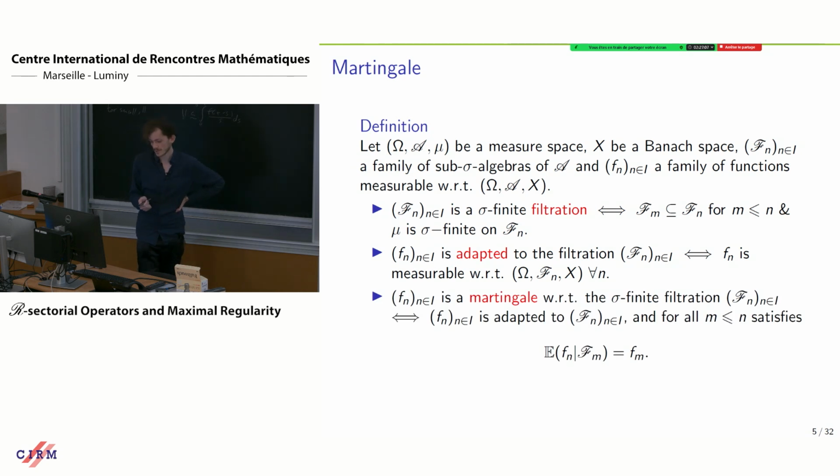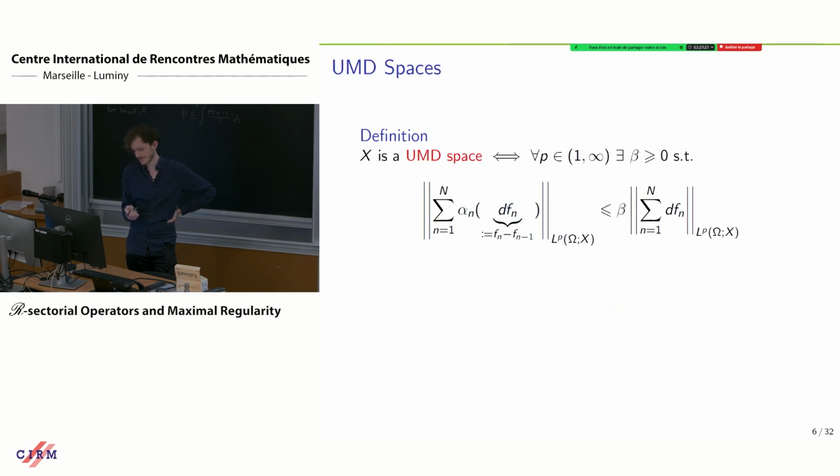And finally, a martingale with respect to the filtration is a family of adapted functions that satisfies the following conditional expectation equality. This essentially tells you that the expectation of the future value is the present, which is an intuitive way to think about this. And now we tell you what a UMD space is, or one of the definitions.